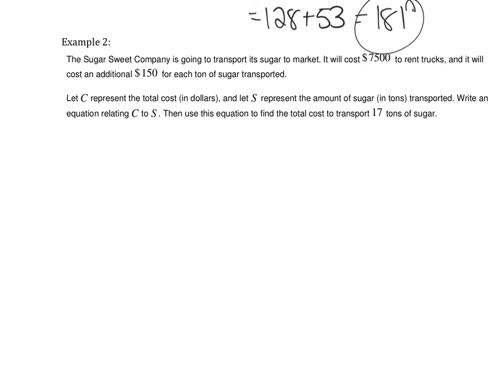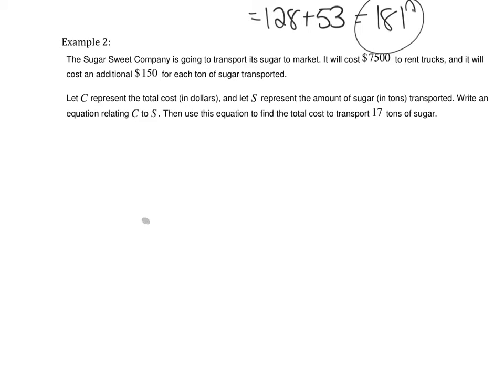Okay, so we have that the Sugar Sweet company is going to transport its sugar to the market. It will cost $7,500 to rent trucks, and it will cost an additional $150 for each ton of sugar transported. Now we have to figure out which one represents the starting point and which represents the change or the slope.